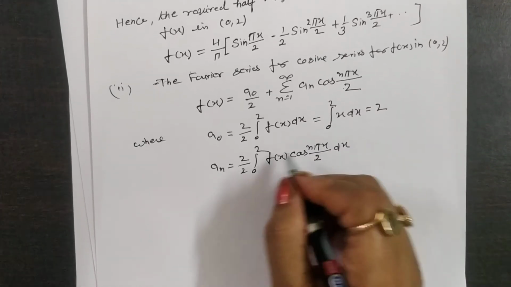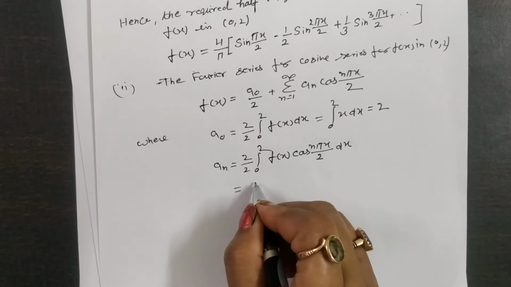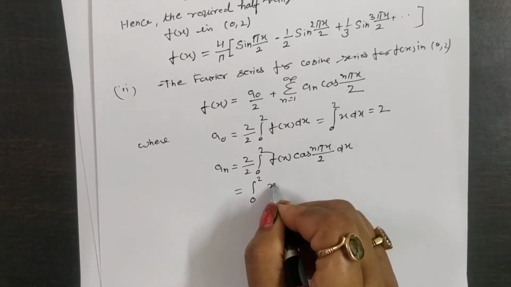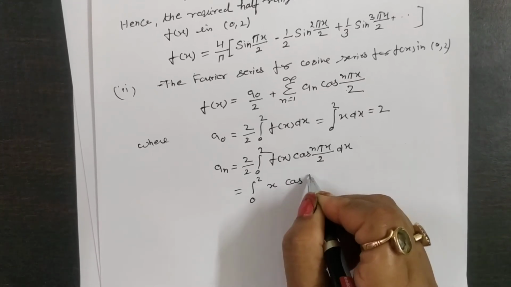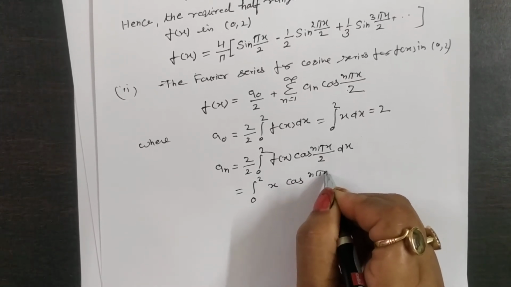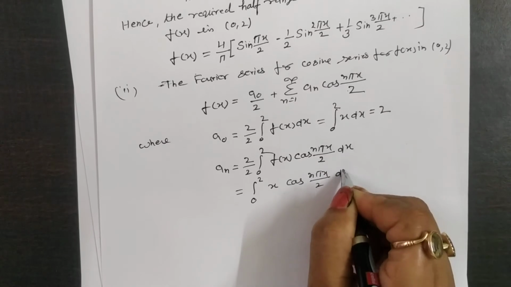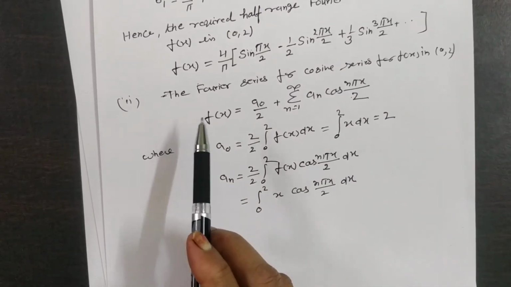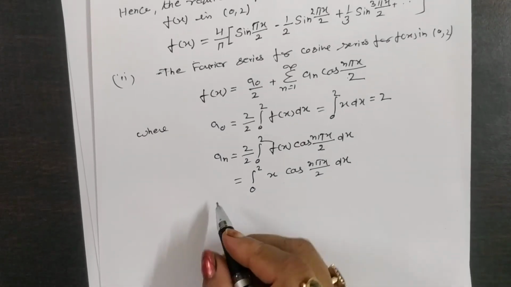Here f(x) is x, so this is the integral from 0 to 2 of x cos(n pi x by 2) dx. Clear?